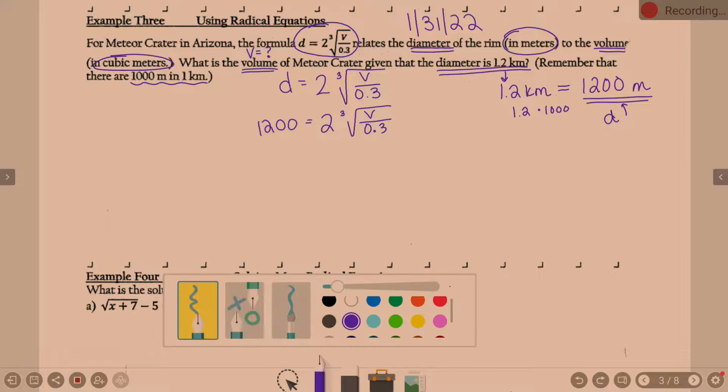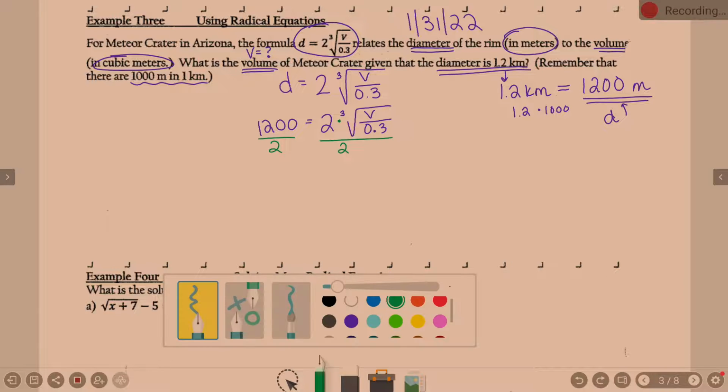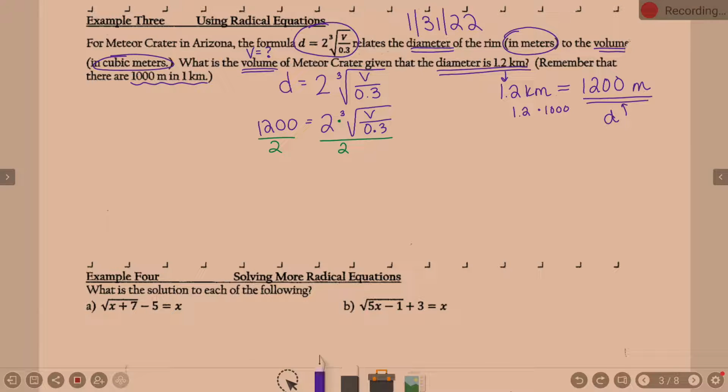Right now it is 2 times the radical, yes? If it's 2 times the radical, what do I have to do? Divide by 2. If I divide one side by 2, I must divide the other side by 2. 1,200 divided by 2? 600.